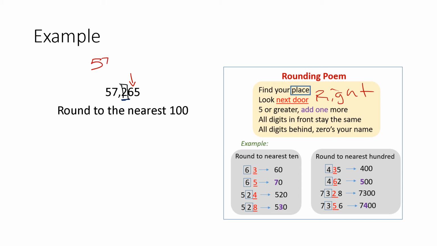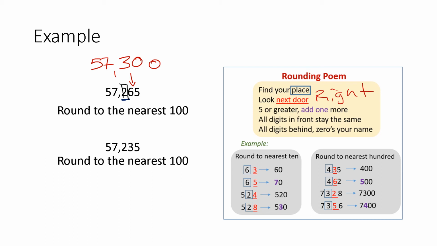So we'll have 57,000. Our place goes up by 1 to 3. And then all digits behind our place will become 0. So our next door number and that 5 as well will also become a 0. So 57,265 rounds up to 57,300 when we round to the nearest 100.